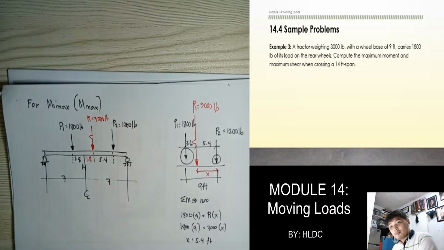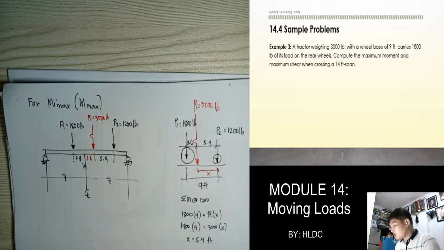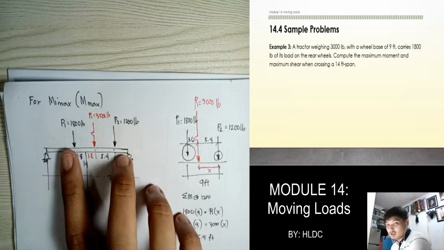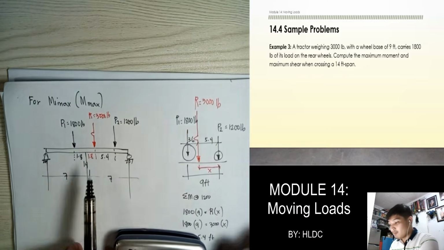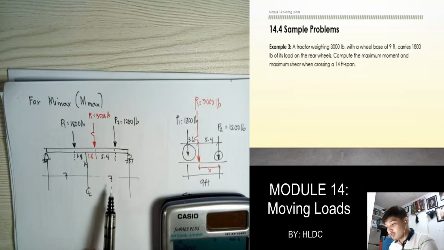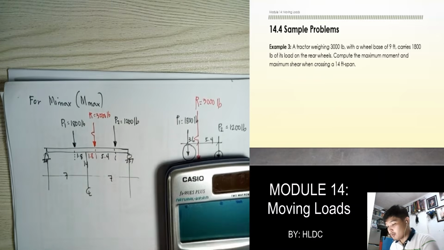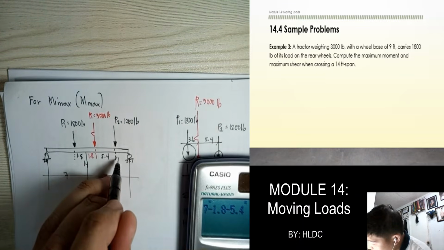Now, bago ka mag-proceed sa pagkuha ng mga reaction, always check if possible na maging ganyan yung orientation ng gulong. I mean, pasok pa ba talaga? Or logical pa ba yung mga distances? So, kunin natin to: 7 minus 1.8 minus 5.4. Ano lumabas, class?